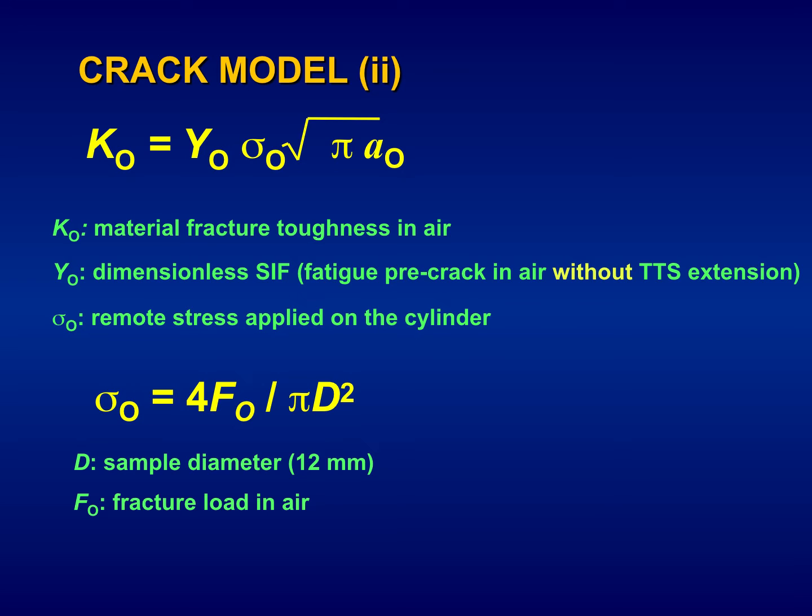K0 is the material fracture toughness in air, Y0 the dimensionless stress intensity factor of the fatigue pre-crack in air without TTS extension, and sigma 0 the remote stress applied on the cylinder. It is obtained from the fracture load in air, F0, 4 times F0 divided by pi times the diameter of the cylinder squared.